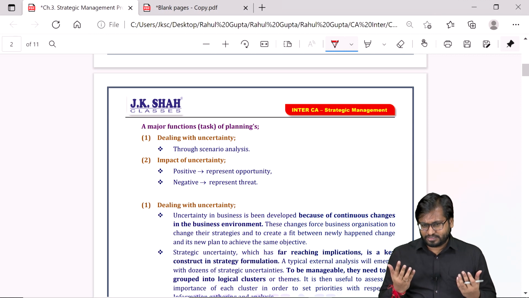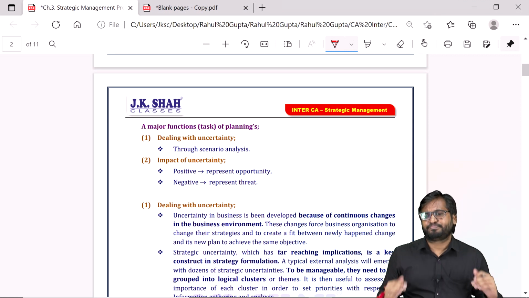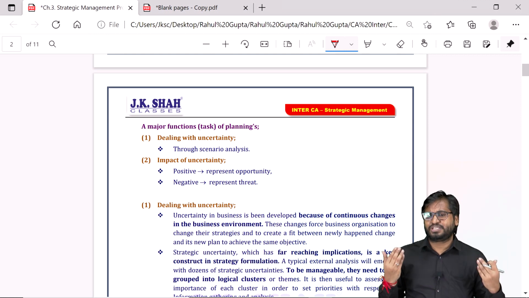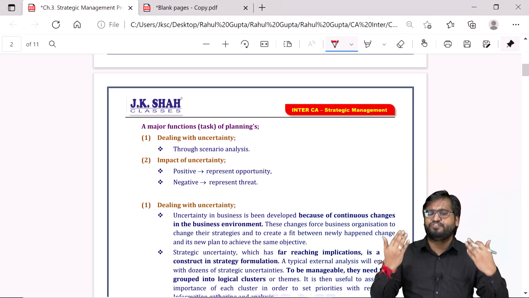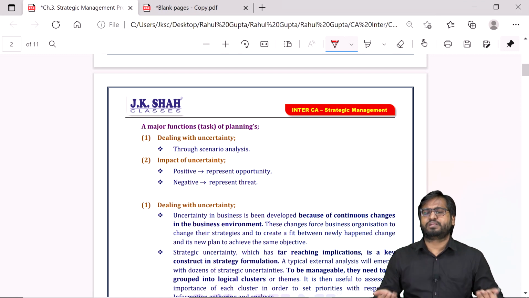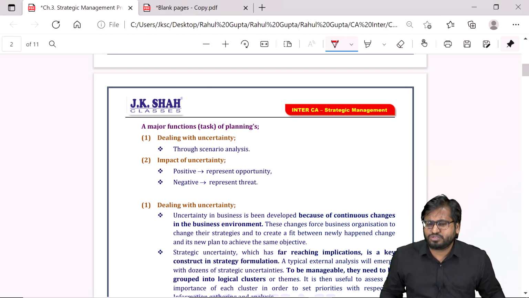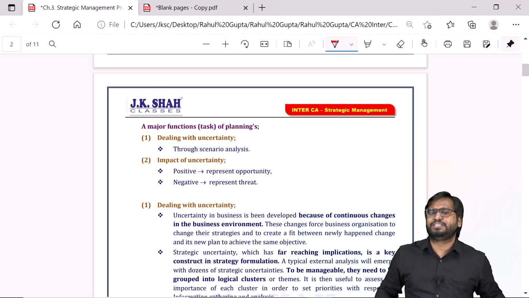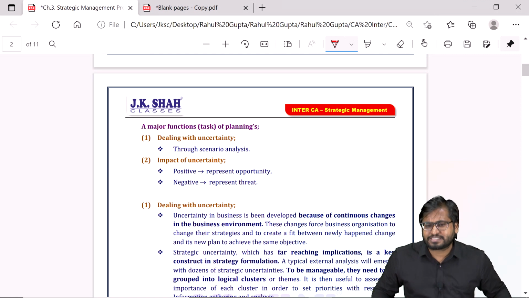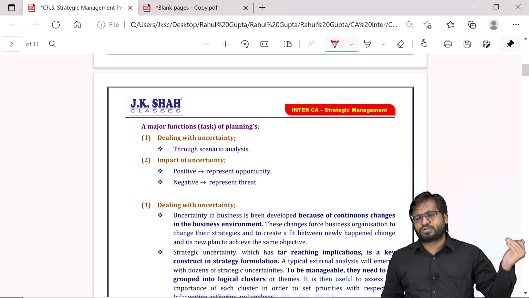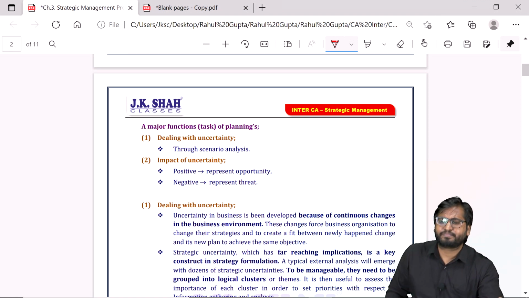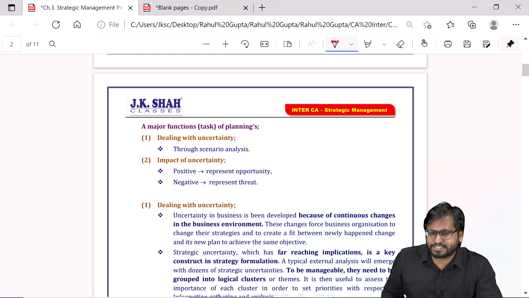Suddenly, the pandemic happened. Organizations had to change. People who were working from offices now had to work from home. Don't you think this required some changes? Yes. Similarly, Tesla Motors entering into the Indian market.